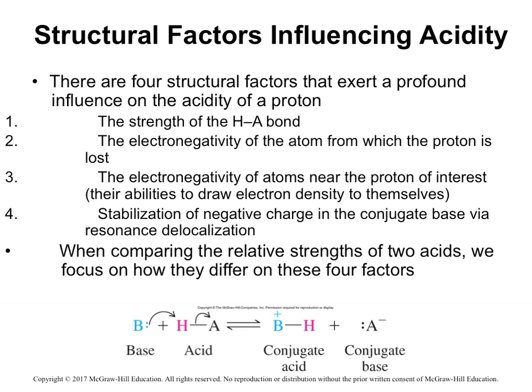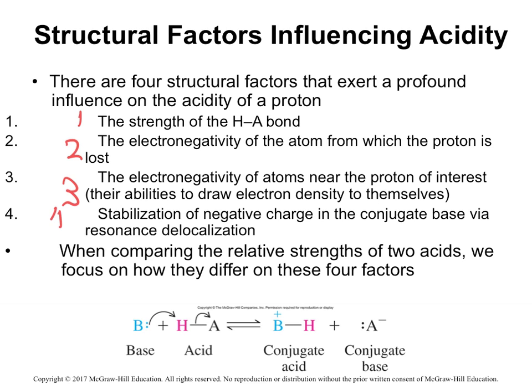Okay, so there are 4 things that affect the acidity of that proton. When we say acidity of the proton, that's the ability for the hydrogen to leave. 1 is the strength of the bond between H and the A, whatever A may be. 2 is the electronegativity of the parent atom, whatever A is. 3 is the electronegativity of the atoms nearby.